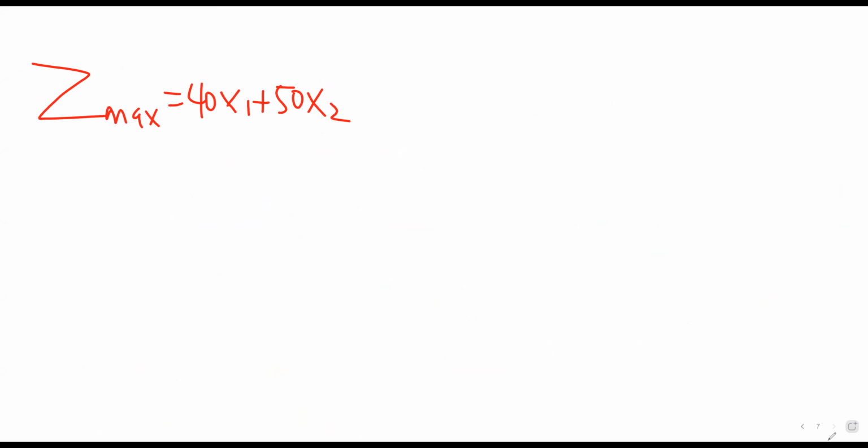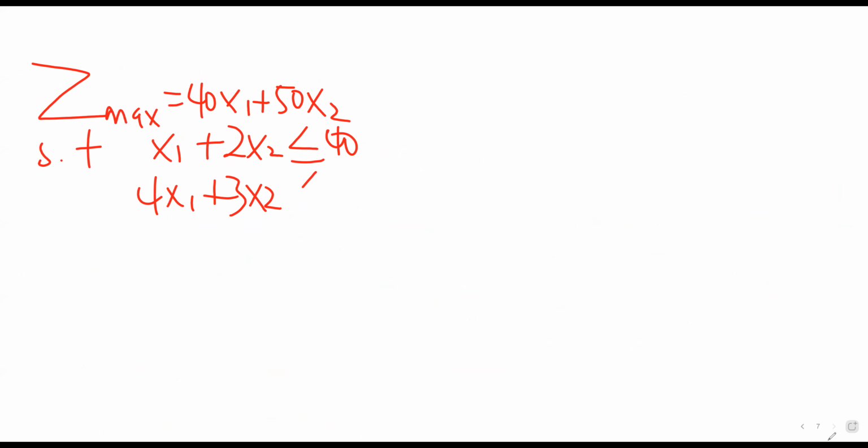I'm writing the original equation, subject to x1 plus 2x2 less or equal to 40, then 4x1 plus 3x2 less or equal to 120, and then your x1, your x2. This is the non-standard form.